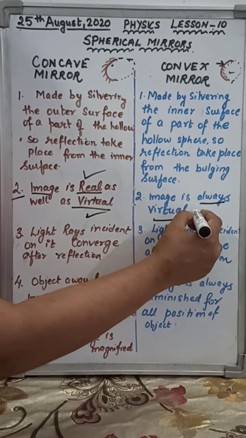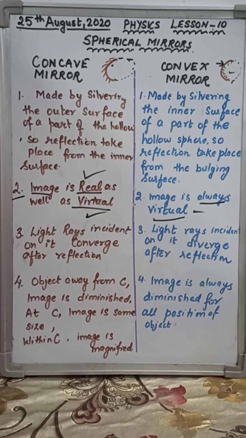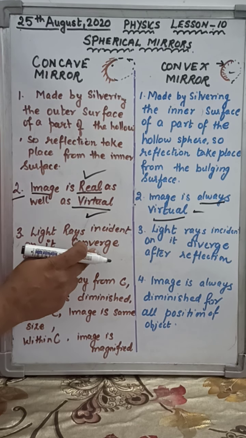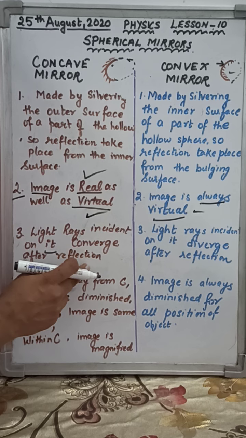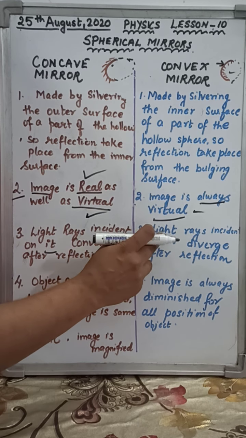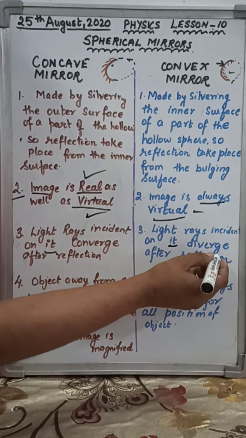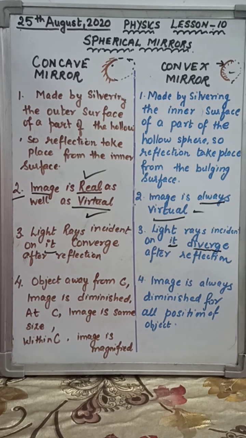Third difference: the light rays incident on a concave mirror converge after reflection. Clear? And in case of the convex mirror, the incident light rays diverge after reflection.